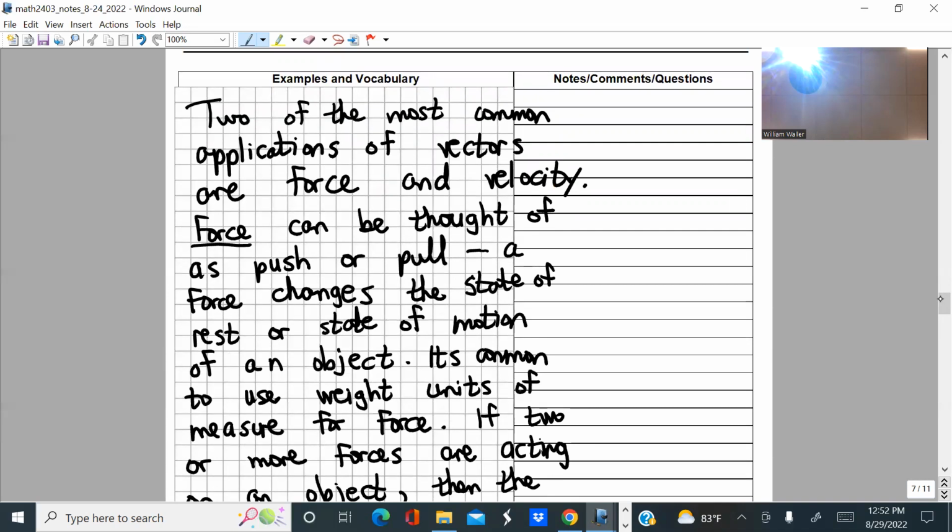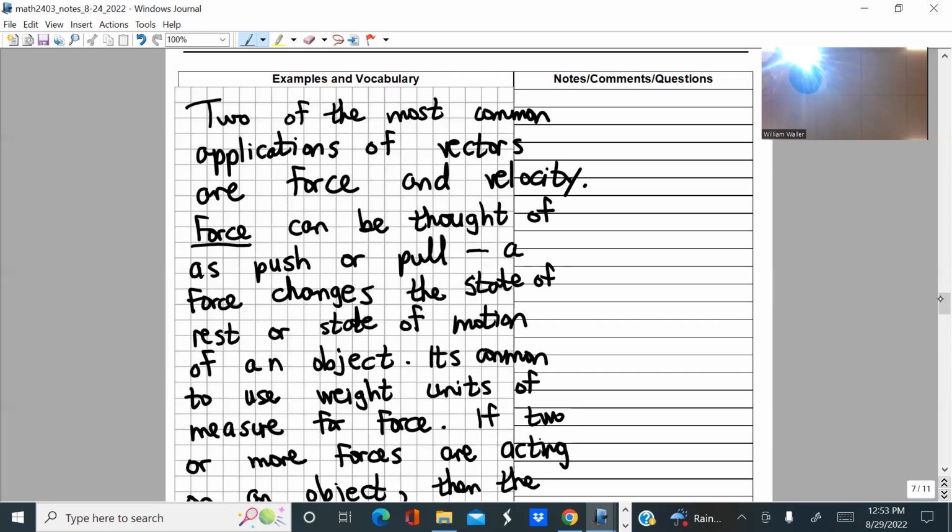But the reason vectors are so useful for force is there are really two components to force. There is the actual quantity of the force, the amount of force that's being applied, and often this is measured in weight measurements like pounds or kilograms. So there's the force that's applied, but force is applied in a direction.